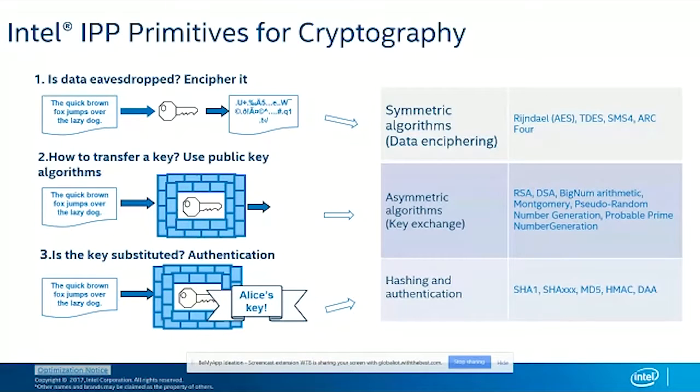IPP can support different algorithms for asymmetric data encryption. For that algorithm, there is a public key and also a private key for data encryption and decryption. And IPP also supports some authentication and hash functions.